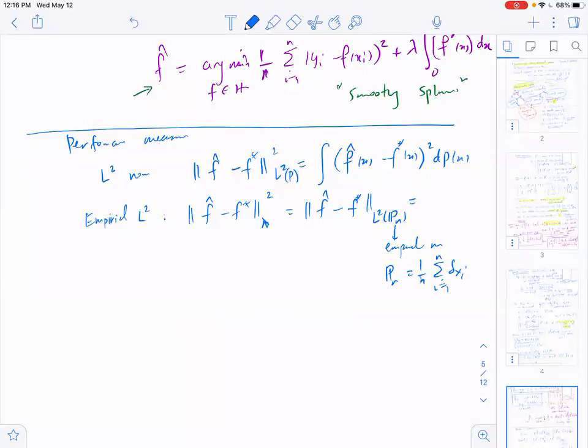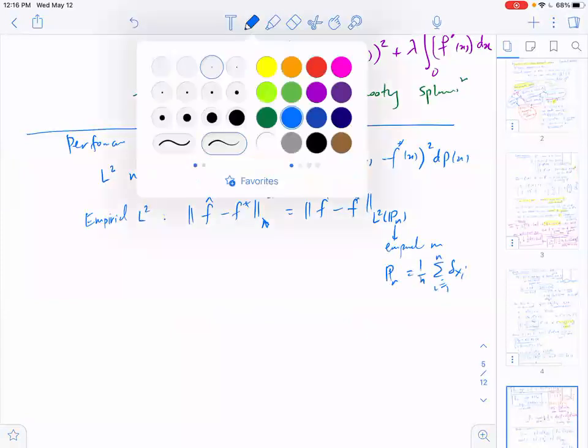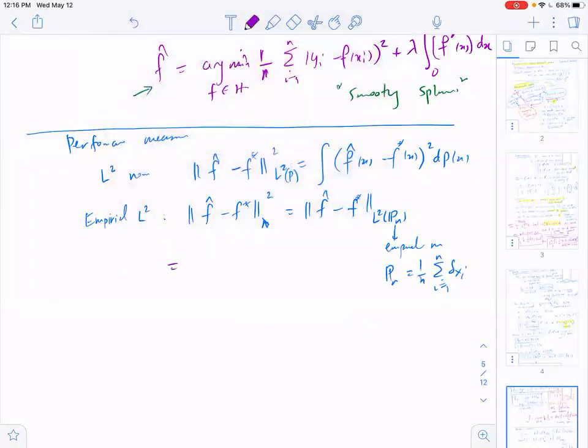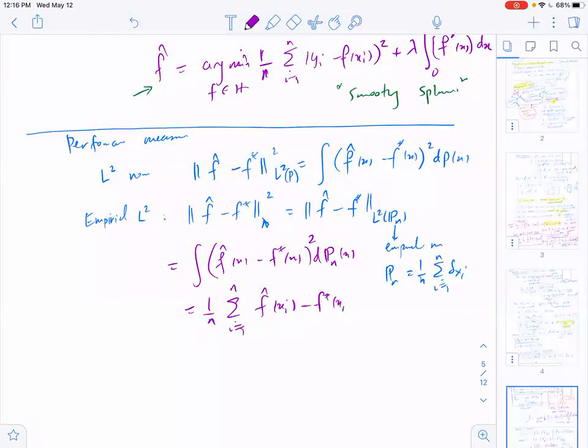This would be equal to the integral of f hat x minus f star x dPn of x, which is just the summation over i from 1 to n of f hat of xi minus f star of xi.